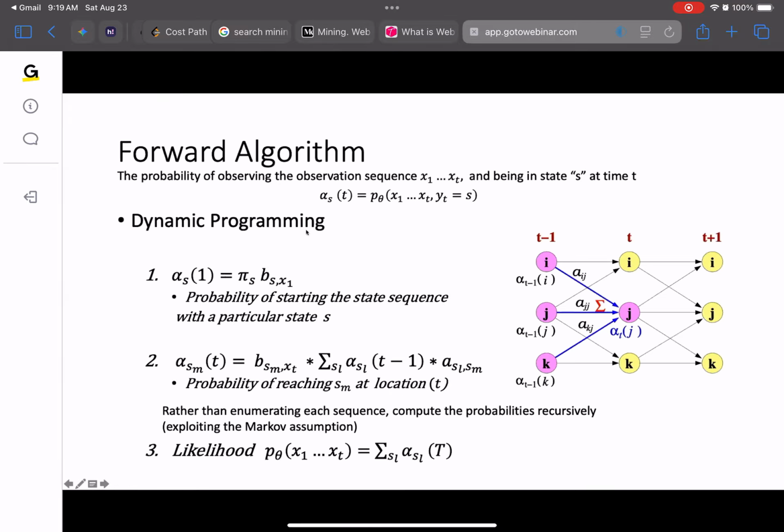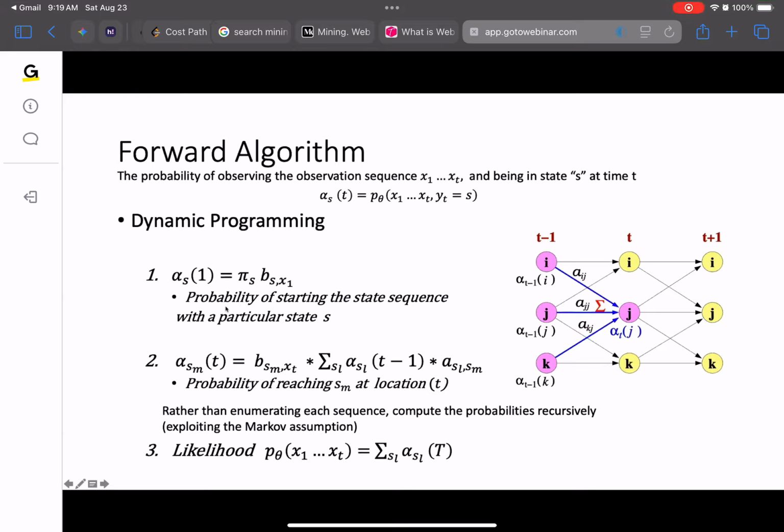In the forward algorithm, the probability of observing the sequence x1 to xt and being in state s at time t is given by alpha s of t, which is the probability of observing the sequence x1 to xt and the hidden state at the tth instant being s.